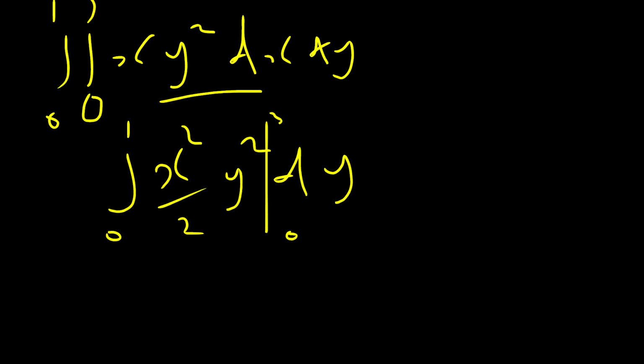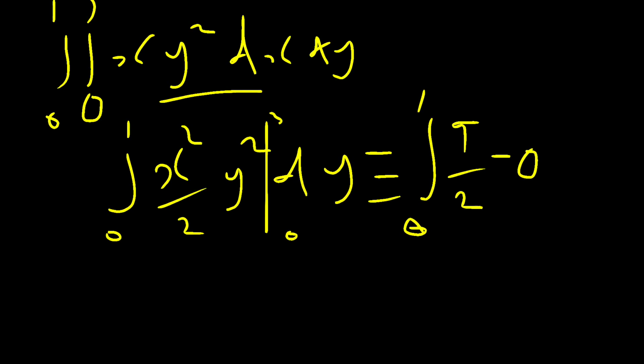If you substitute this, when x is 3 we have 9 over 2, minus when x is 0 we have 0, then y squared dy.